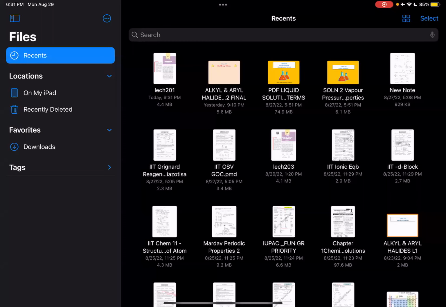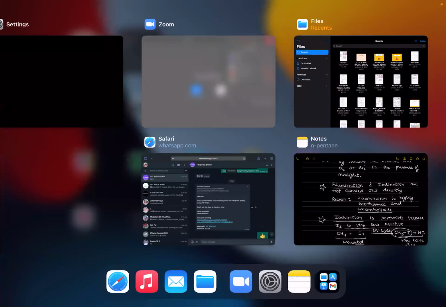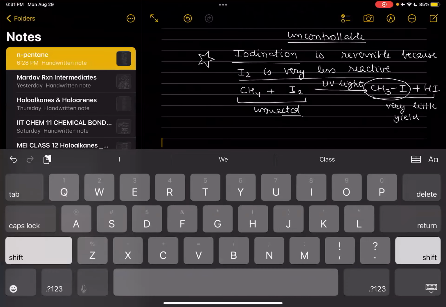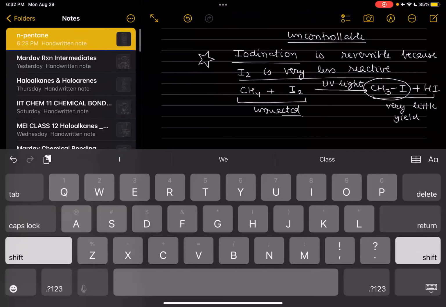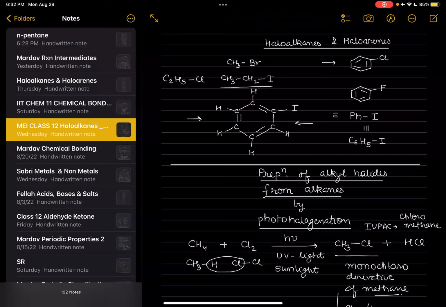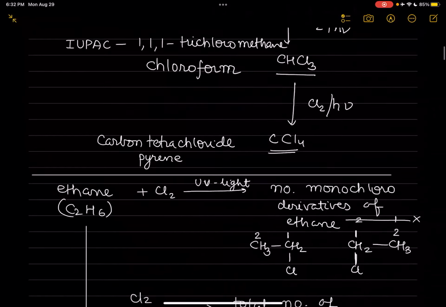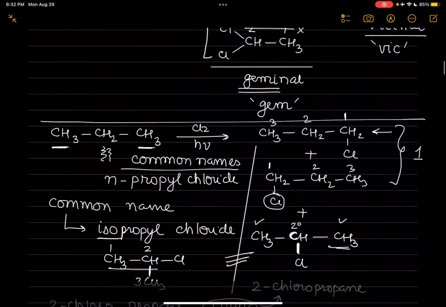What are aromatic halides? Repeat, tell me, just quickly. Actually, I'm not very clear with this chapter because we have just started in our previous batch. No problem, no problem.